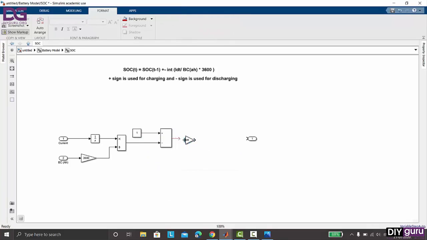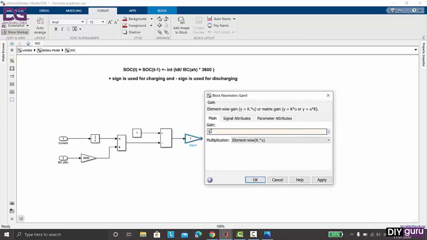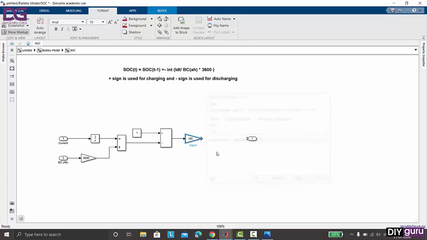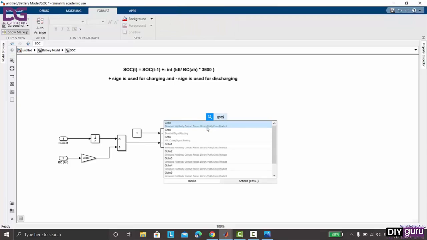Add one gain block to convert this decimal to percentage, so multiply by 100. And here we will get the SOC, so add one go to block for visualizing the SOC.